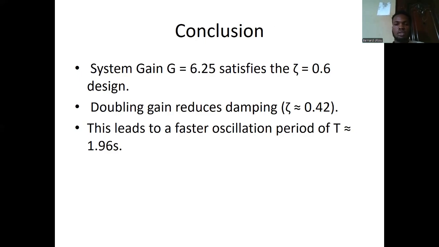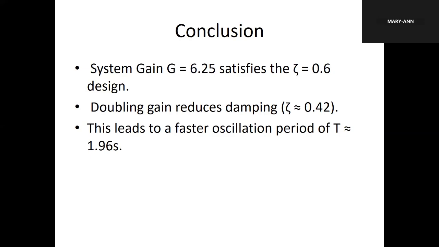So in summary, adjusting G allows us to control both energy and damping in the system, which is crucial for achieving the desired performance in feedback control systems. We were asked to find the closed loop function, which we derived as G over s squared plus 3s plus G. We were asked to find a minimum gain, which we derived as 6.25 with a damping ratio of 0.6.